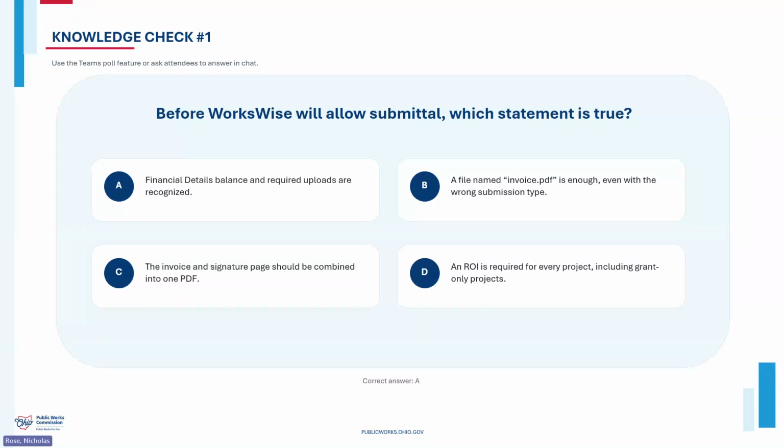Right, yep, that's correct. The correct answer is A. The financial details have to balance and the required uploads have to be recognized by the system. A good file name doesn't replace the correct submission type. The invoice and disbursement signature page should not be combined into one PDF, and a resolution of intent is not required for every project. Now that you've seen how the system accepts a request, let's talk about what makes that request easy to follow.